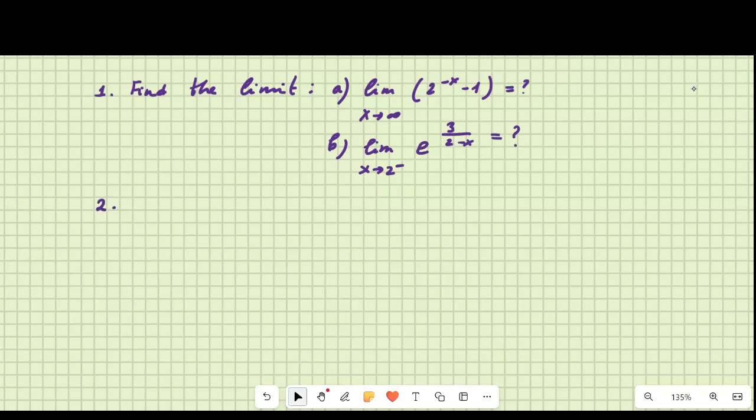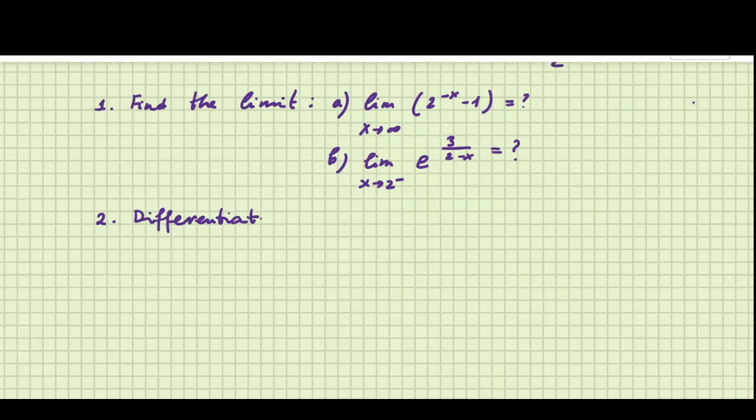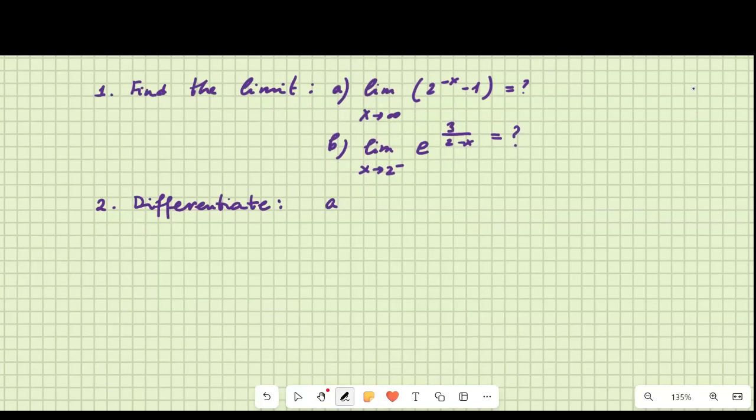Question 2. Well, I'm going to put some derivatives, differentiate. I'm going to write down the function, and for all functions, I want you to find the derivative. My first function is the square root of x, e to the power of x.